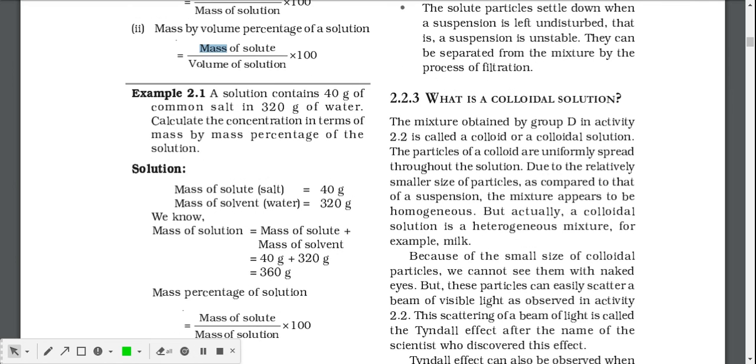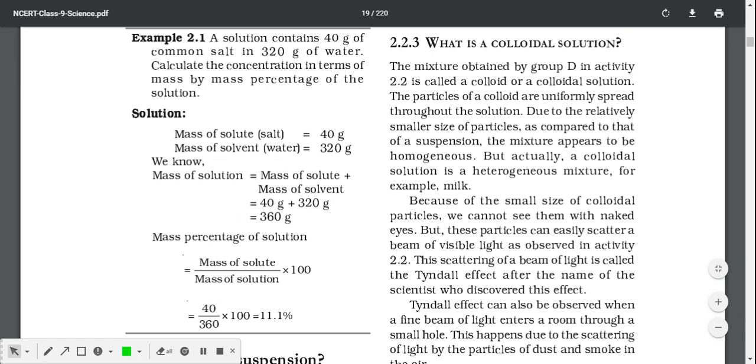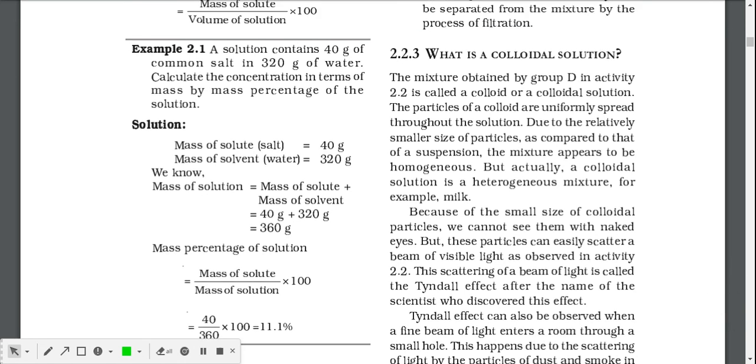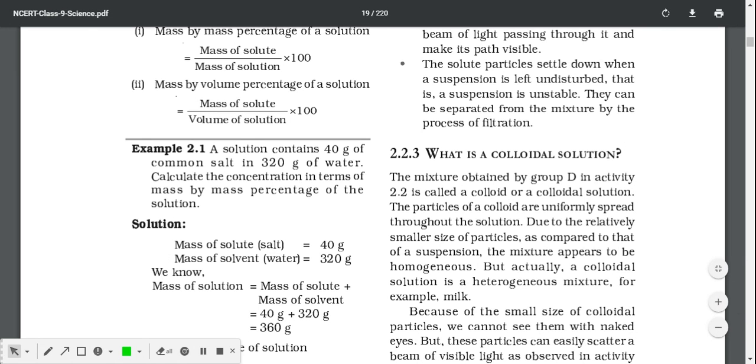So let's see one example or numerical. A solution contains 40 gram of common salt in 320 gram of water. The 40 gram of common salt is what we call a solute, and 320 gram of water is known as solvent. अब हमें क्या चाहिए था, we have to find out mass percentage of the solution.